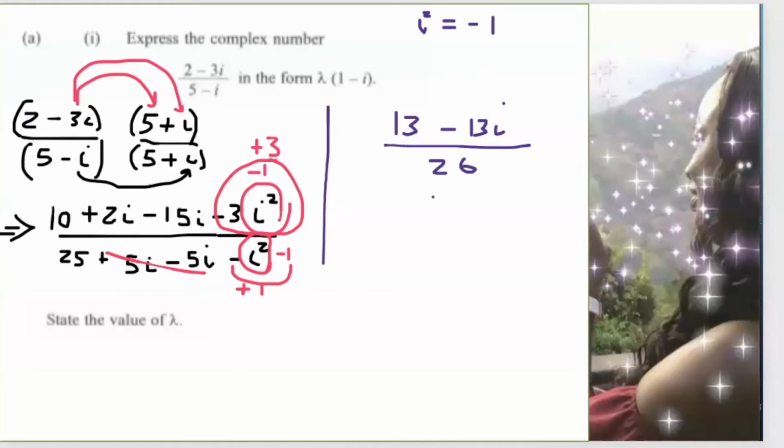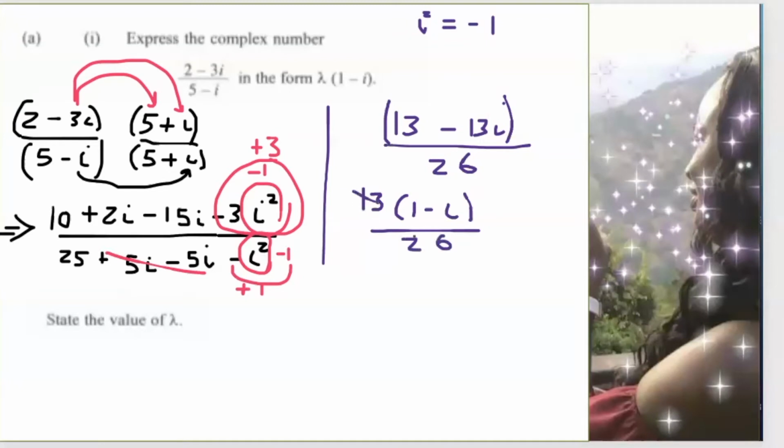Now, I'm going to put a bracket in the numerator, and if you realize 13 is common, so I can factor out 13 in the numerator. So factoring out 13 inside my bracket, I will be left with 1 minus i, all over 26.